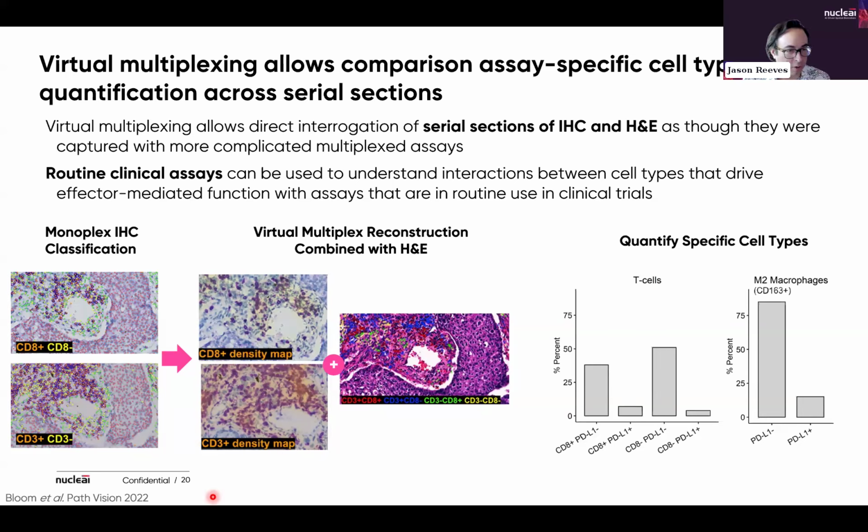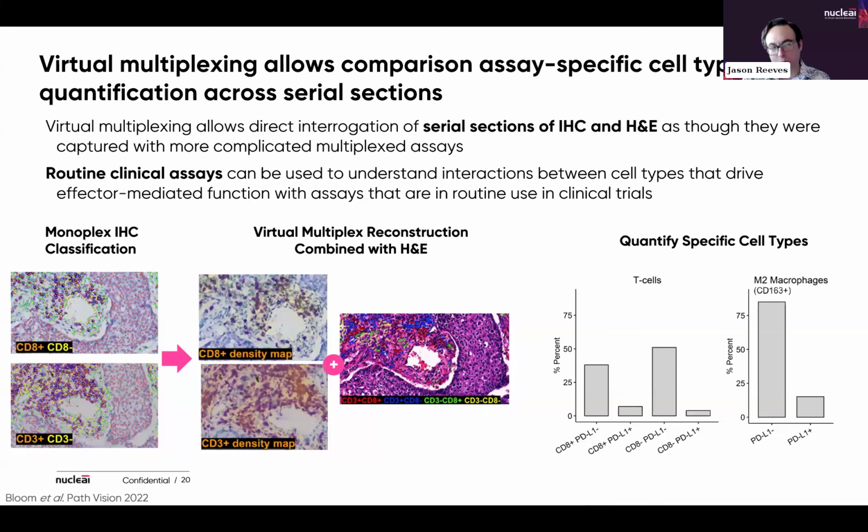In this particular publication that came out at Path Visions a couple years ago, we looked at trying to incorporate CD8, CD3, CD68, and CD163 staining to understand different cell types of both the lymphoid and macrophage lineages and their relationships to each other.